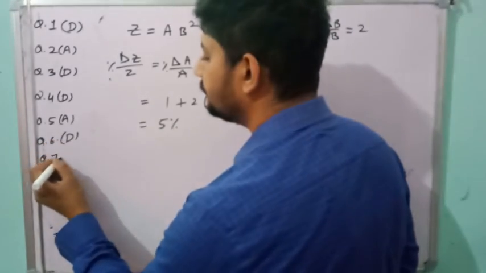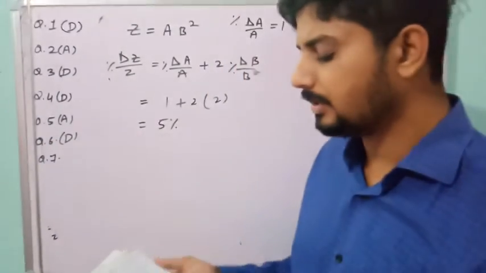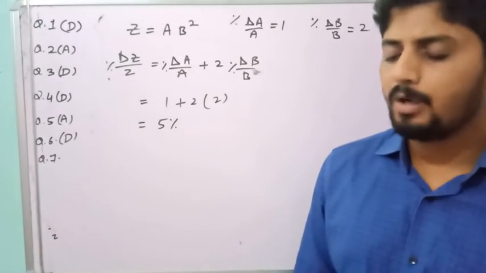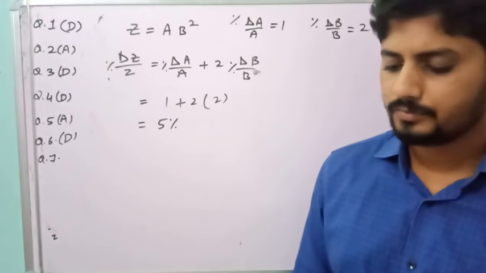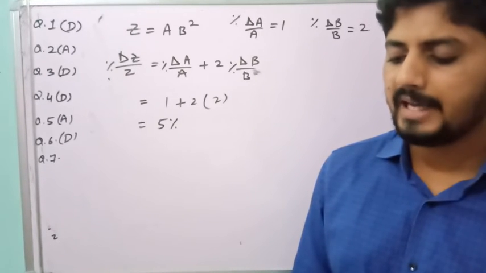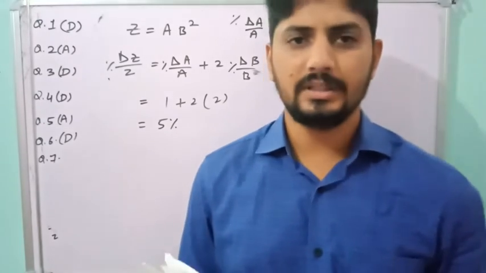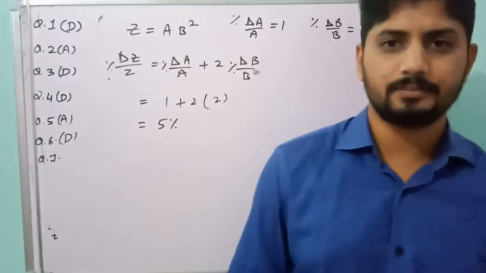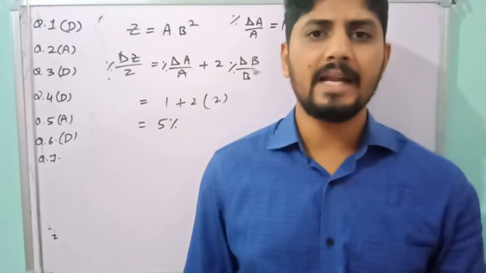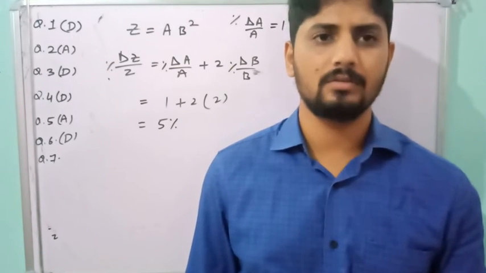Question number 7. The least count of the instrument is given as 0.01 centimeter. Taking all the precautions, what is the most possible error in the measurement? I already told you in the video lectures that the least count of an instrument is the minimum error that an instrument can have.